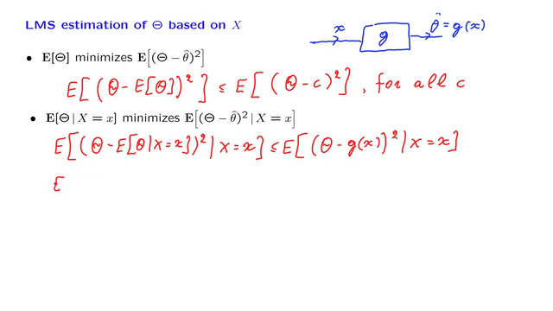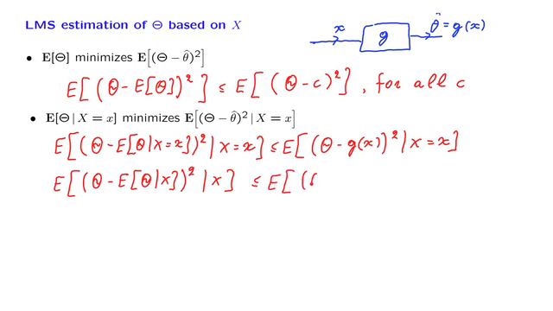Then we're going to get the following inequality. If we use the conditional expectation as an estimator in a conditional universe where we know the value of the random variable x, the corresponding mean squared error is going to be less than or equal to the mean squared error obtained by the alternative estimator g.